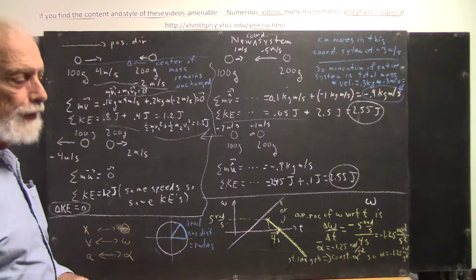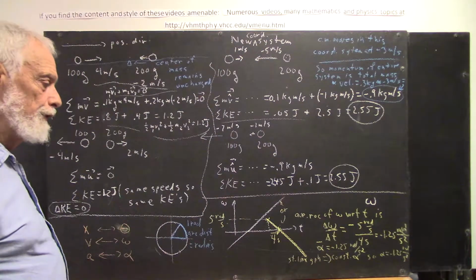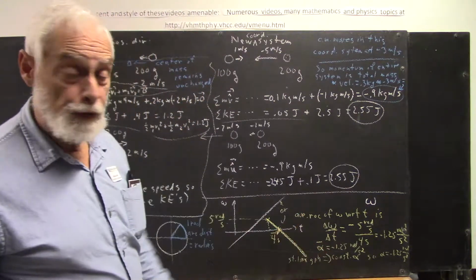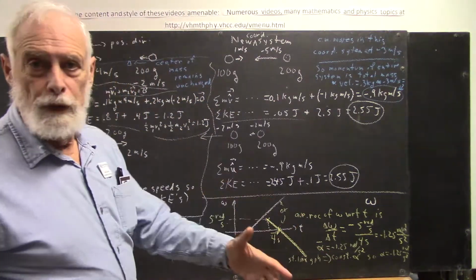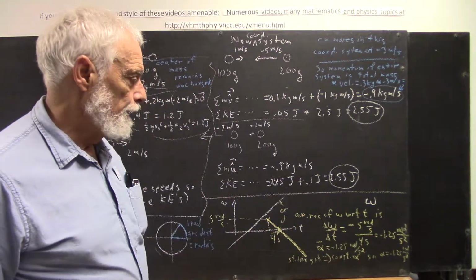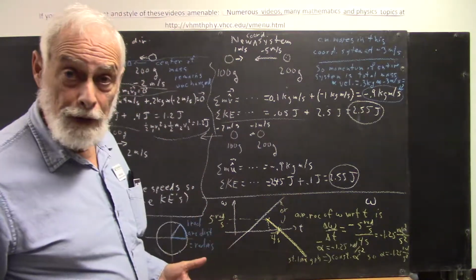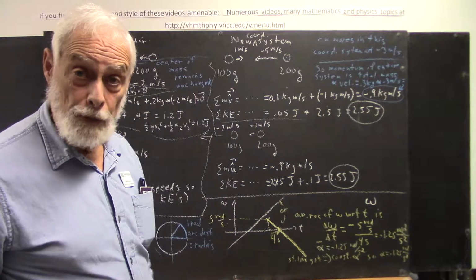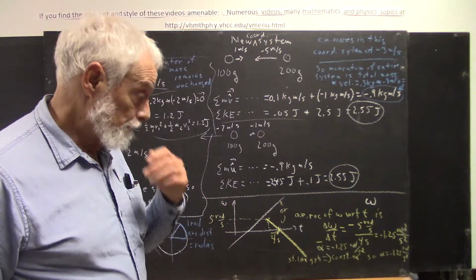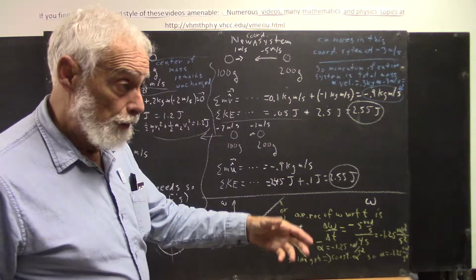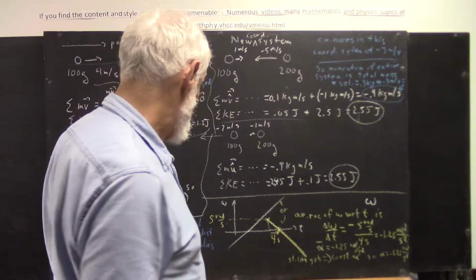Already you should be seeing that there's a close relationship between the reasoning that we do for angular velocities and angular accelerations and what we do for velocities and accelerations, because this is identical to the sequence of reasoning and the appearance of the graphs that we used when learning about uniformly accelerated motion along a straight line.